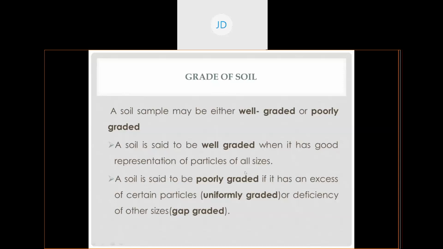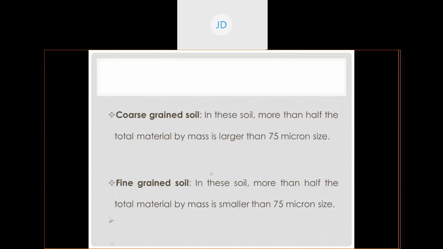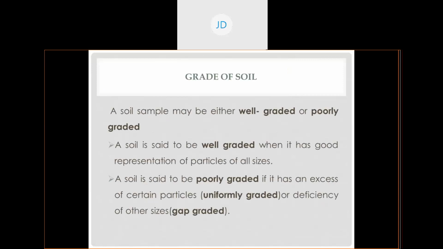All sizes means the different sizes of particles we have already discussed in this tabular format. So if a particular soil sample has a representation of all soil sizes at approximately equal percentage, then that type of soil is known as well graded soil.